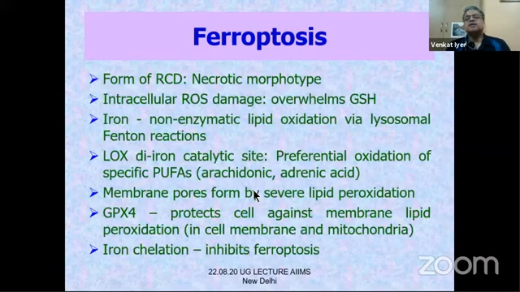So you can remember that in one word, that ferroptosis is lipid peroxidation with pore formation initiated by free radicals generated by Fenton reactions. Certain proteins protect against it, and you can also inhibit it by using iron chelation, while iron overload promotes it. So for example, in diseases like hemosiderosis, this kind of cell death takes place.